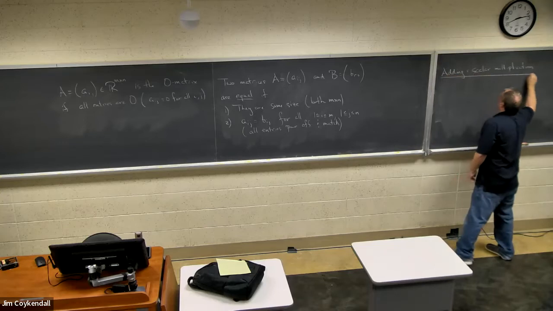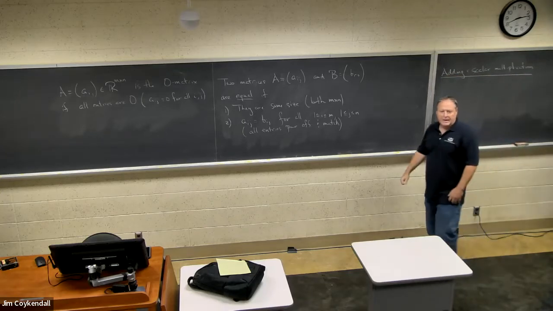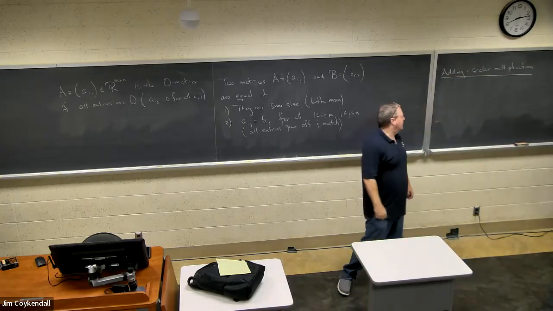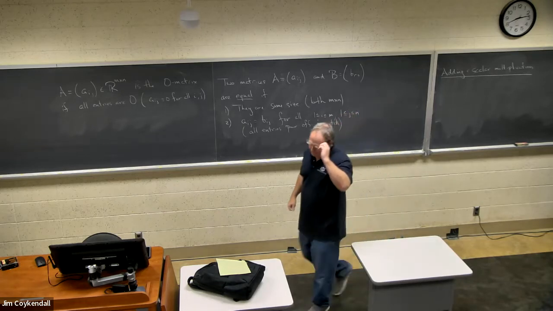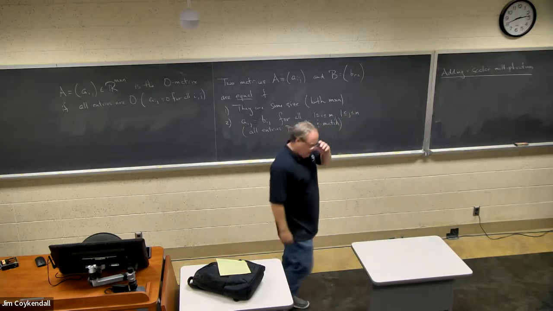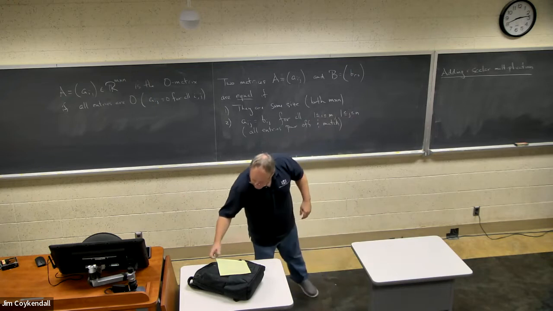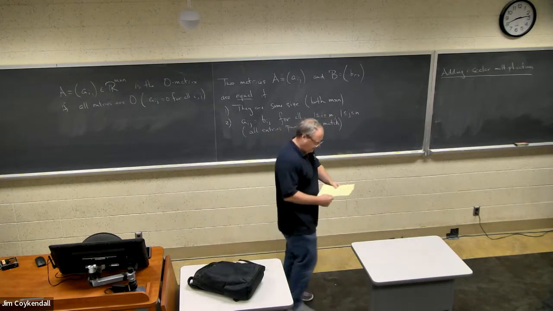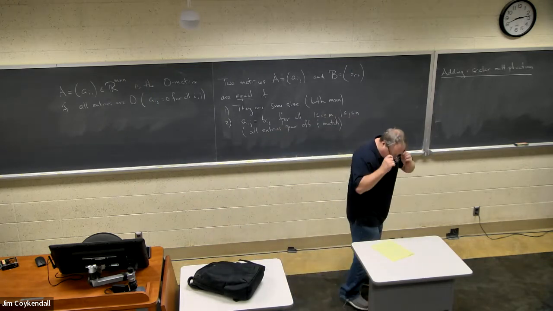Now, I will do this in simple form, at least the beginning, and I'll also have a parallel example. If A and B are both m by n matrices, then you can add them.